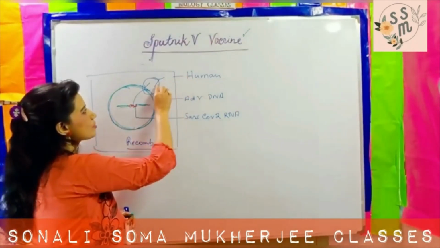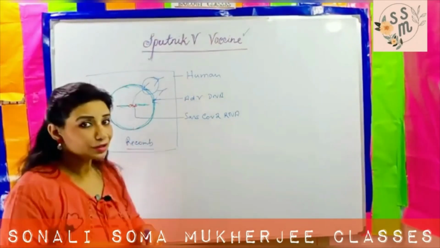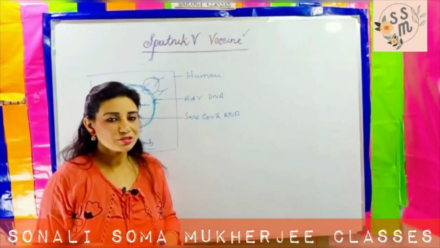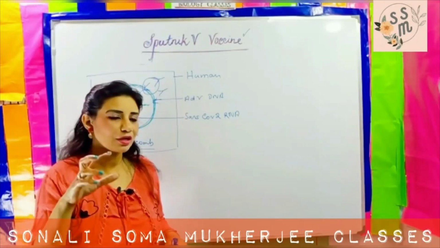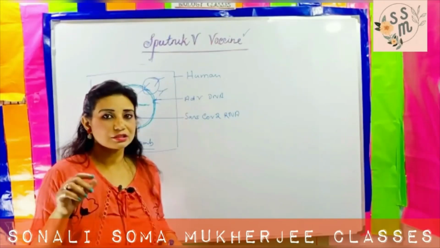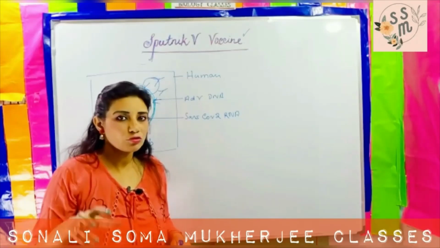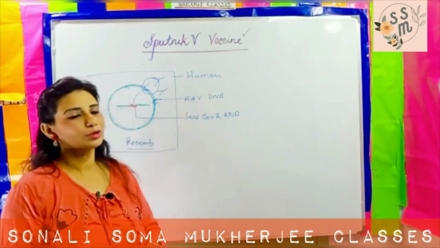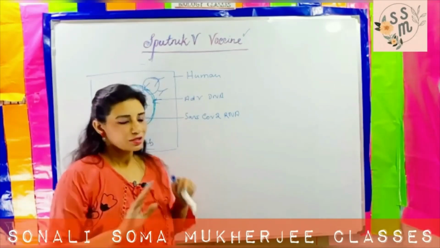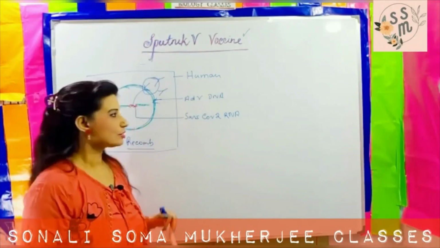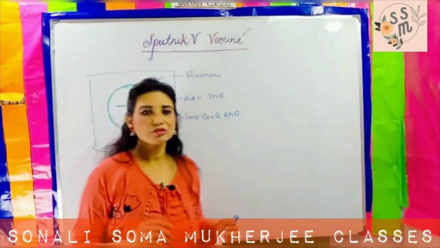The antibodies will be binding onto the spike proteins. The identification of the spike proteins is in such a way that antibodies will be recognizing it. Yes, this is the SARS-CoV-2, and it will be binding onto the proteins so that our host, that means the human being, is free. This is what is happening in the mechanism of Sputnik V vaccines.